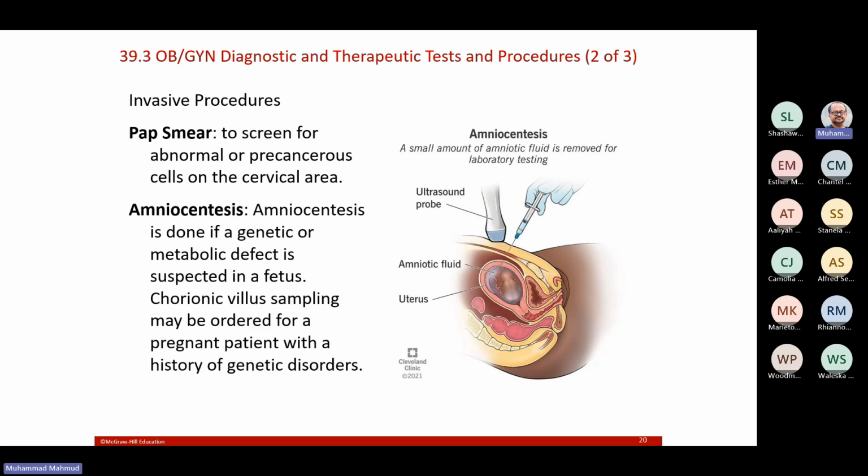You see that a small amount of amniotic fluid is removed from the amniotic cavity. That fluid is important because we can detect genetic or metabolic defects. Chorionic villus sampling may be ordered with a history of genetic disorders.